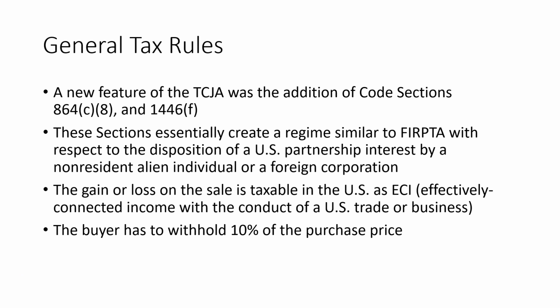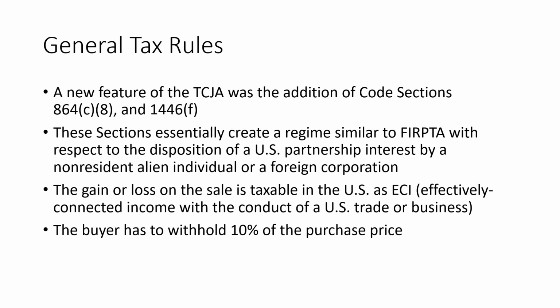Now, a foreign person could also have income that's effectively connected with the conduct of a U.S. trade or business. So usually income coming through an entity that conducts a U.S. trade or business could be treated as what's known as ECI, effectively connected income.